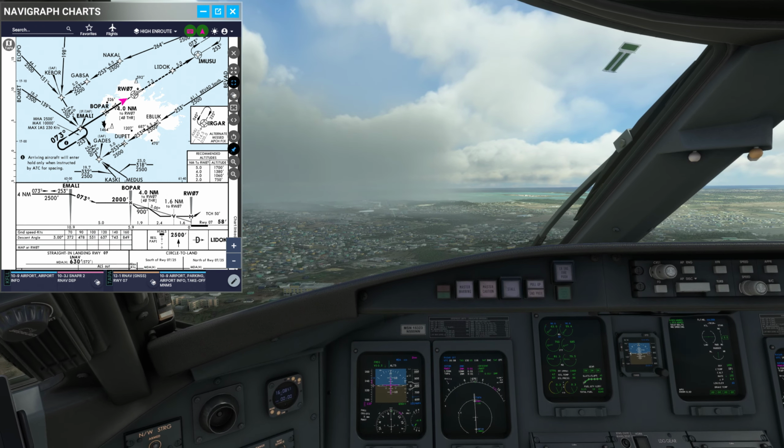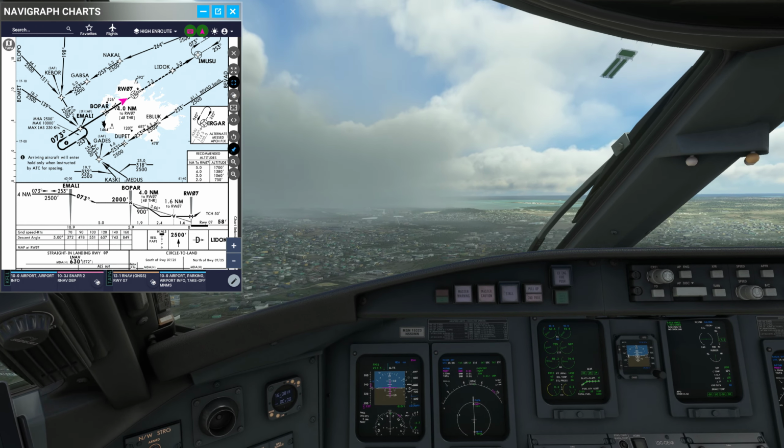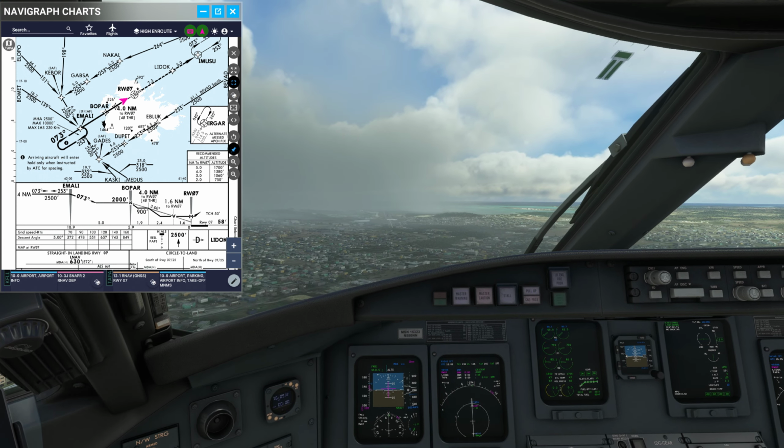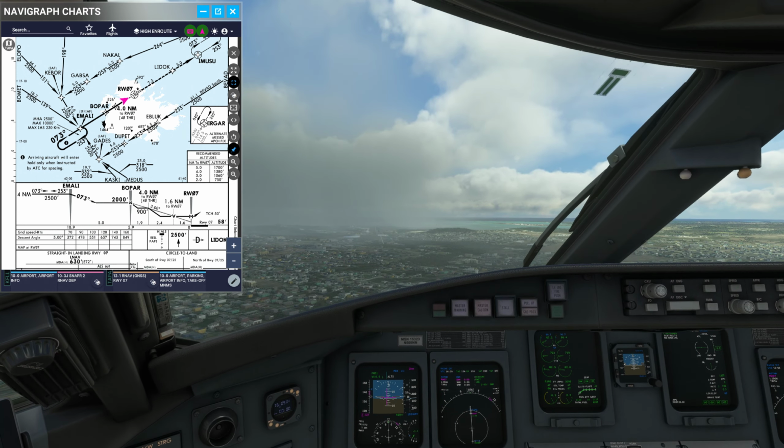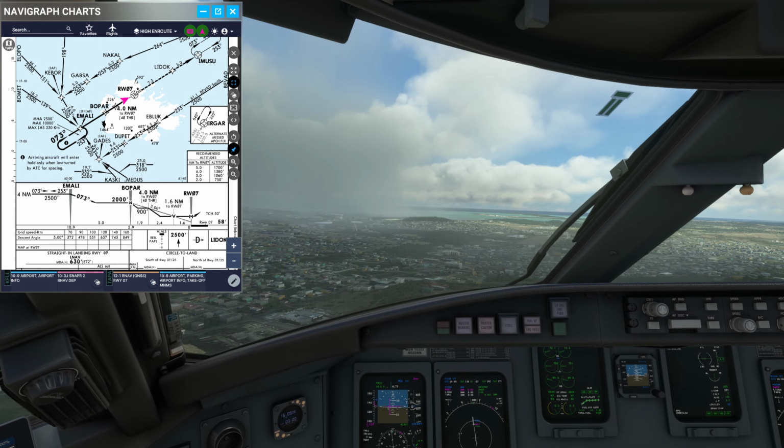Keep that nose down just a little bit for some speed. Not that much. 500. Minimums.